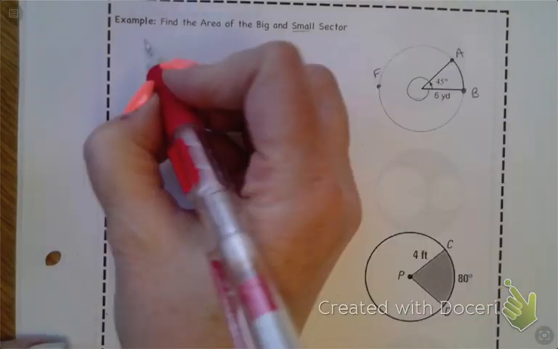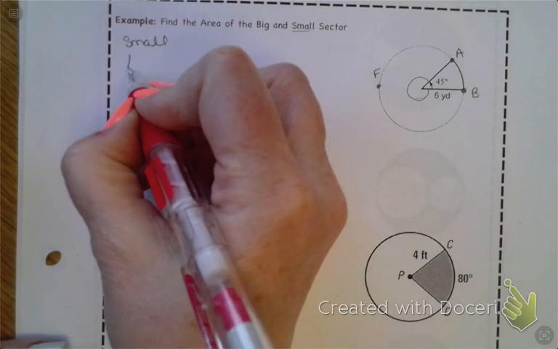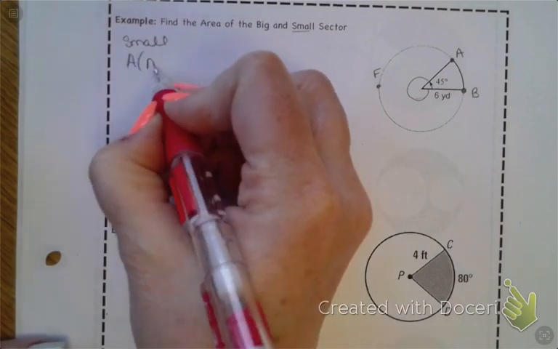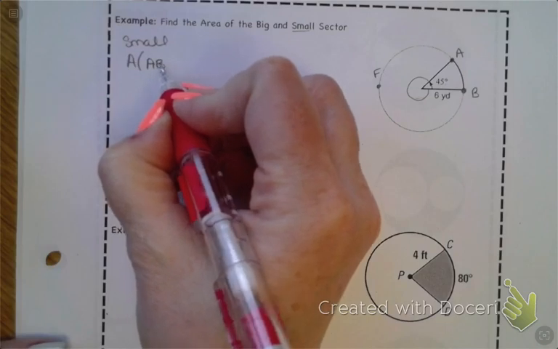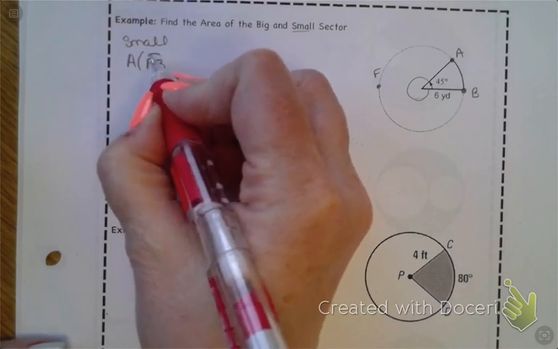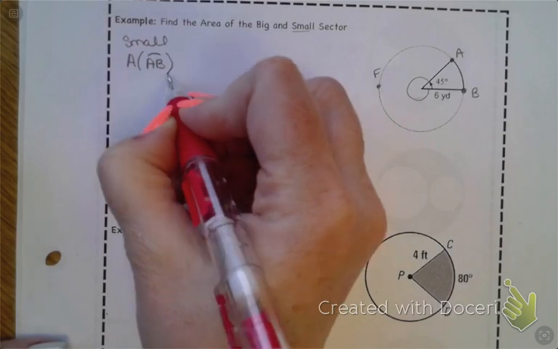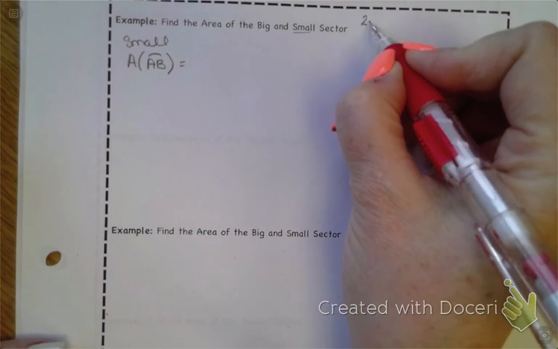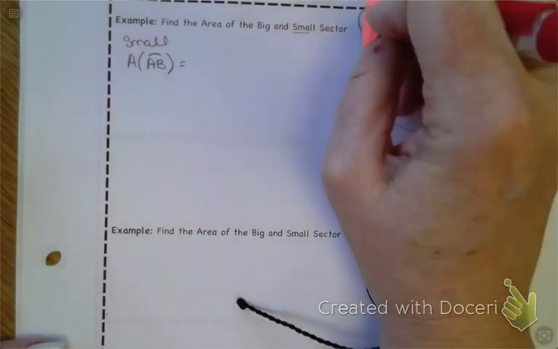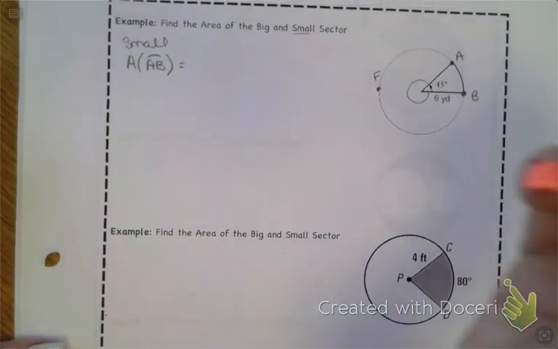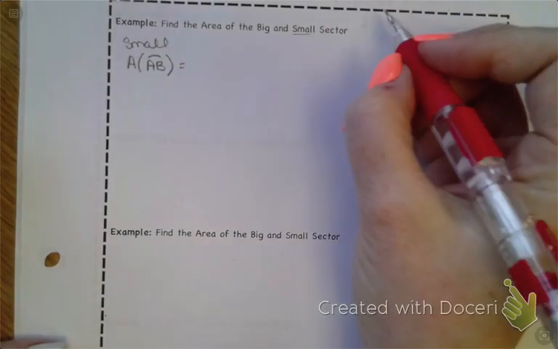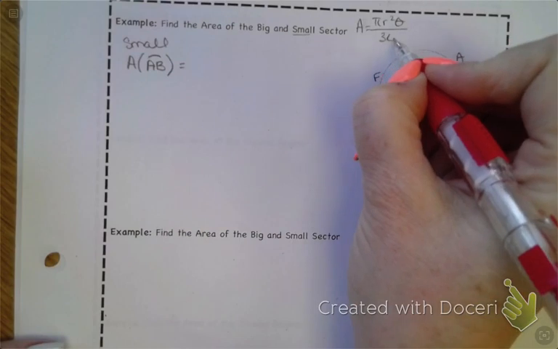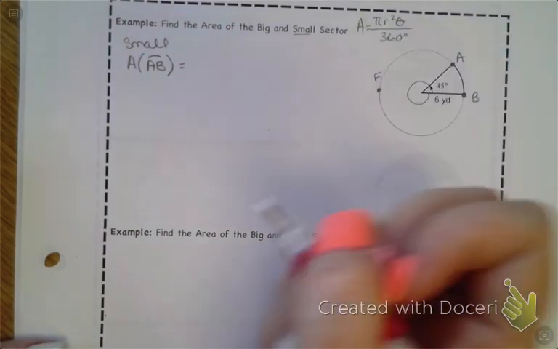So small, I'm going to label it small, but how we would do it is we'd say the area of, and we do AB and put that arc over there so that shows sector, so the area of the sector AB. The area is pi r squared theta divided by 360, that portion of the actual area formula.